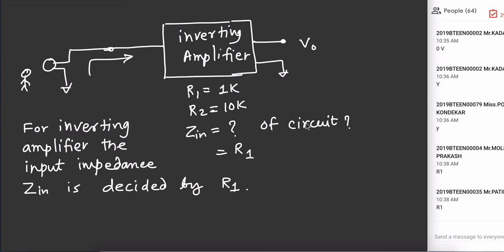So the sensor will observe that there is 1K resistance here, or Z1 resistance here. Everybody understanding this? As if R1 is there. So the amount of current drawn from the sensor will be decided by this R1.